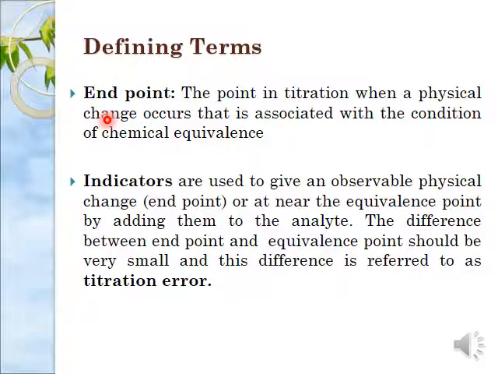The difference between endpoint and equivalence: endpoint you do experimentally, equivalence is theoretical. The indicator is the one that you use to observe the endpoint. The difference between the endpoint and the equivalence point, we call the titration error.